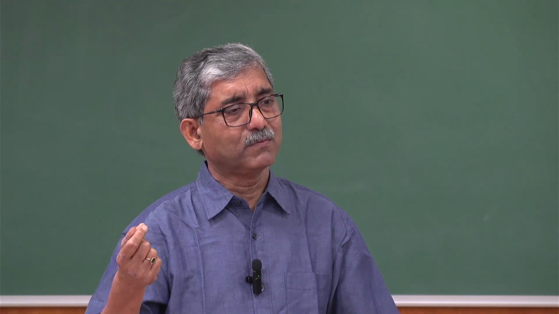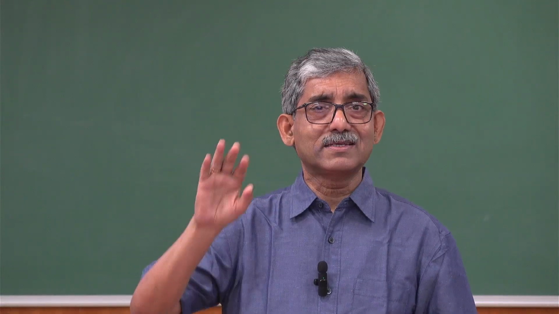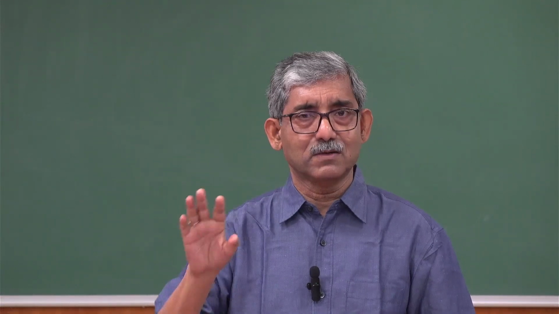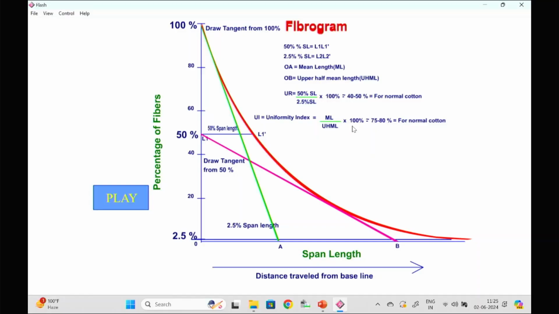Less than 40% is a high variability, poor quality, and the typical value of uniformity index for cotton is 75 to 80%.